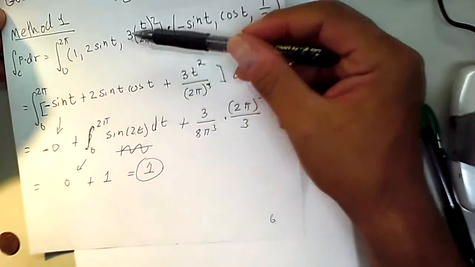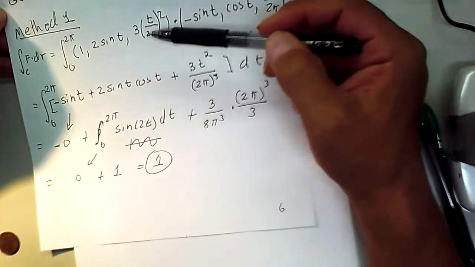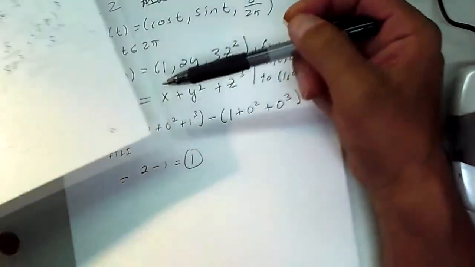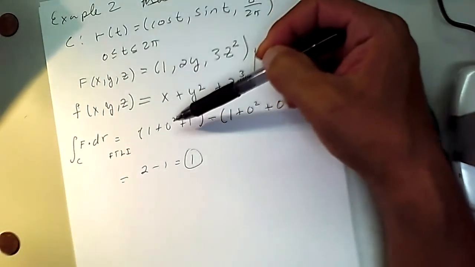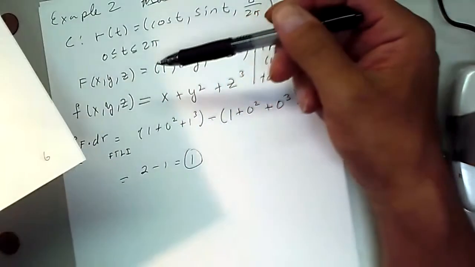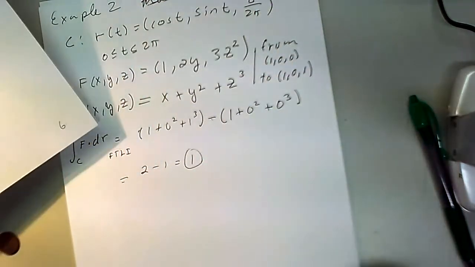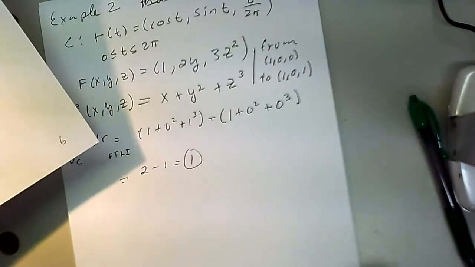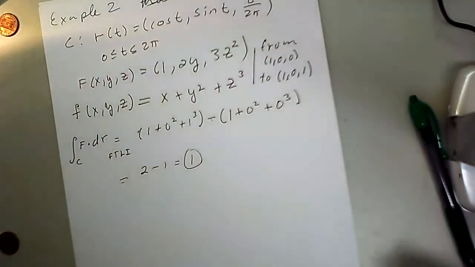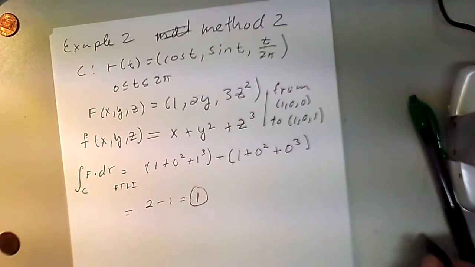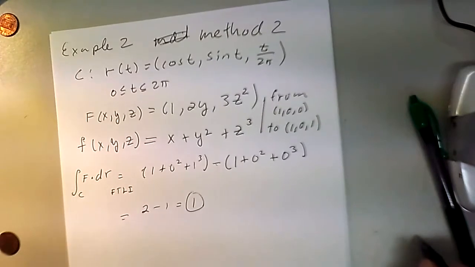The probability of making a mistake in the first method is greater because there are more steps than here. I'm not saying that we won't make a mistake here, but the probability is smaller. Every time there are more steps to a process, the probability of making a mistake increases.